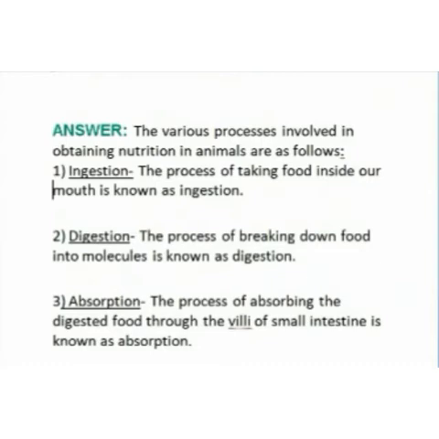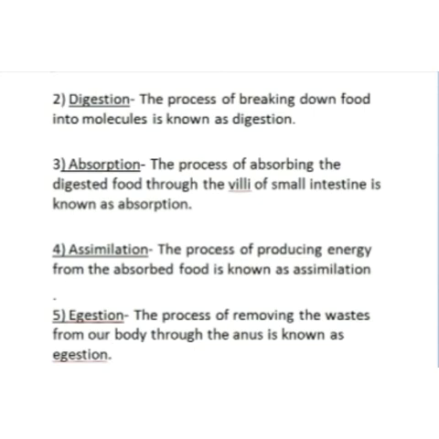The various processes involved in obtaining nutrition in animals are as follows. The process of taking food inside our mouth is known as ingestion. Second, digestion. The process of breaking down of food into molecules is known as digestion. Absorption. The process of absorbing the digested food through the villi of small intestine is called absorption.